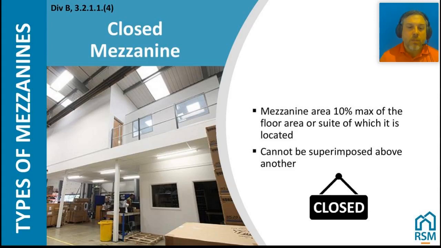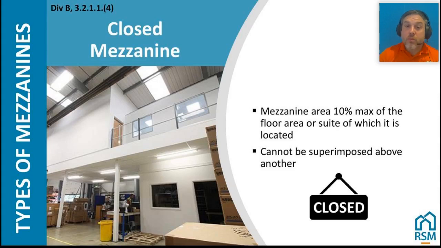And just like open mezzanines, you cannot superimpose. Well, you could, but if you superimpose, you get kicked out of these special categories and you're going to be treated like a story, like any other type of floor area. So again, you want to make sure on these particular ones that you do not superimpose, or it's going to trigger you out of these special requirements.